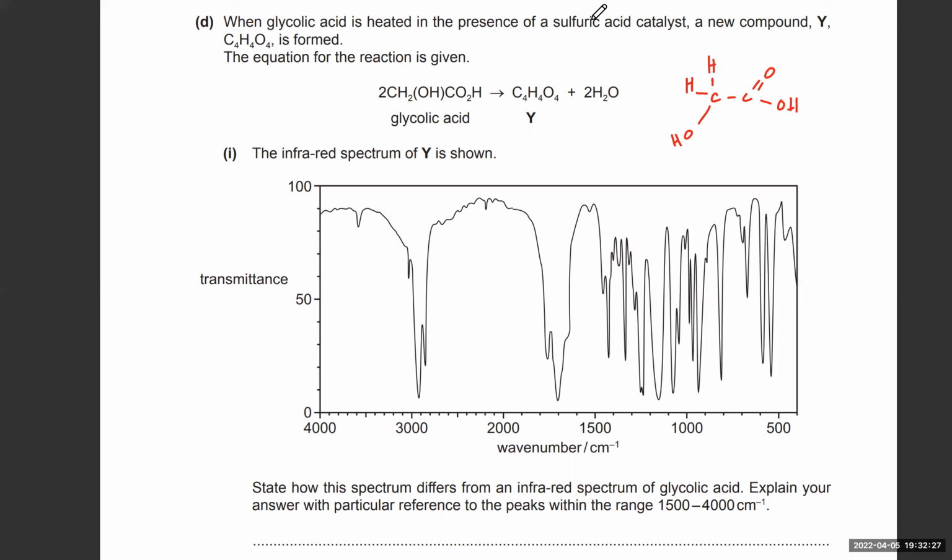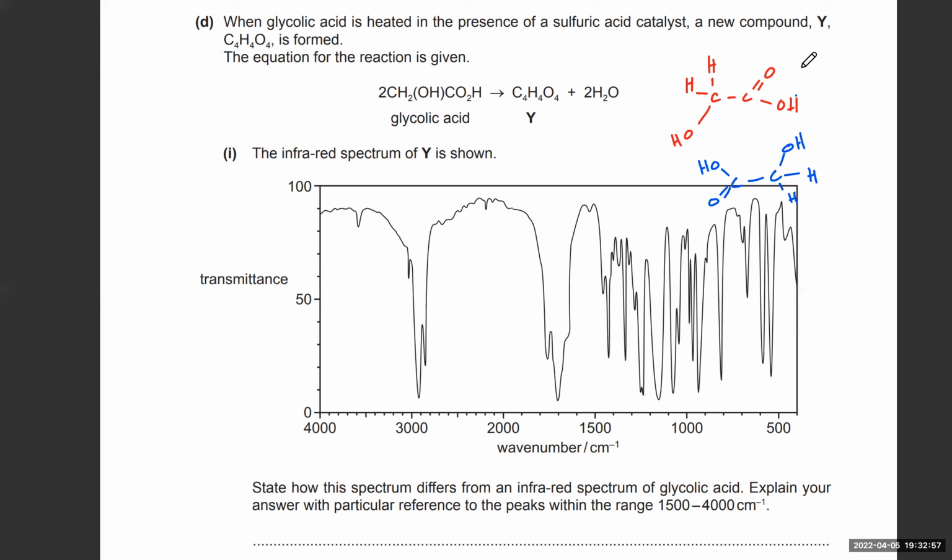Now, remember this. You have a carboxylic acid group, you have an alcohol group. So 2 molecules are reacting with each other. If I draw another molecule, it's got a carboxylic acid on one side and CH2OH on the other side.